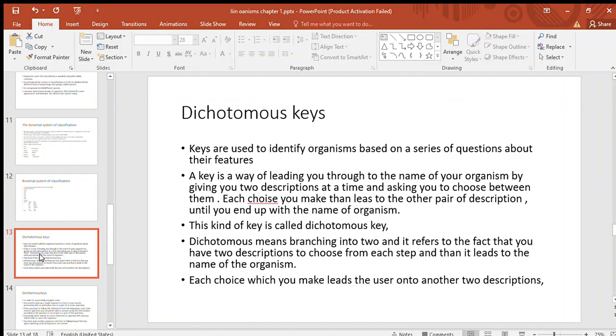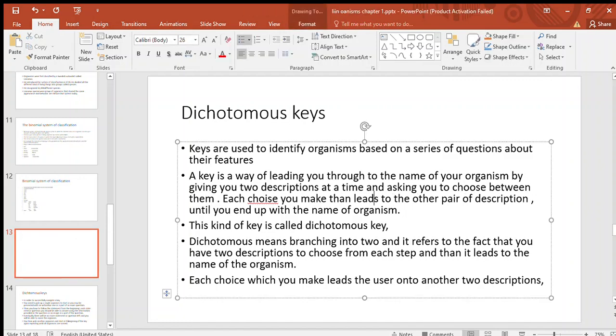A key is a way of leading you through to the name of your organism by giving you two descriptions at a time and asking you to choose between them. Each choice you make from these two descriptions leads to another pair of descriptions, until you end up with the name of the organism.